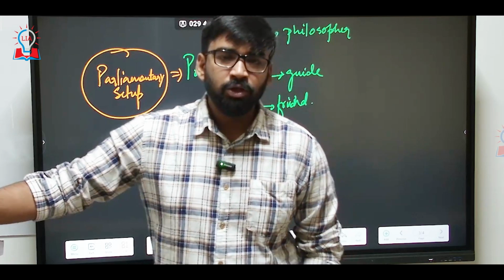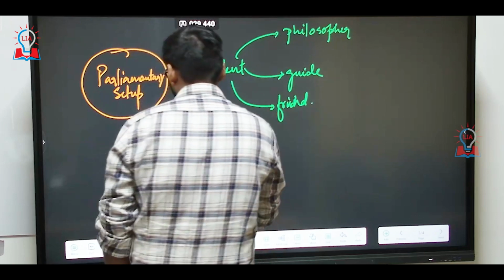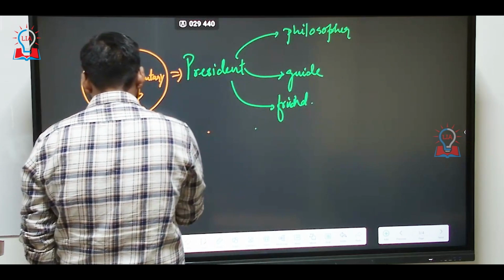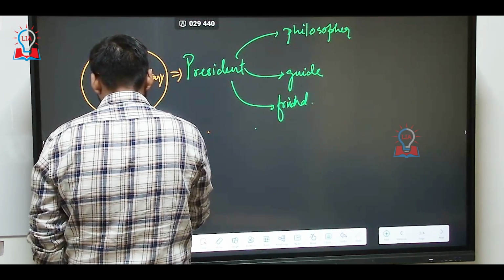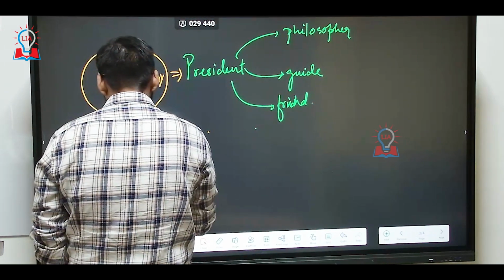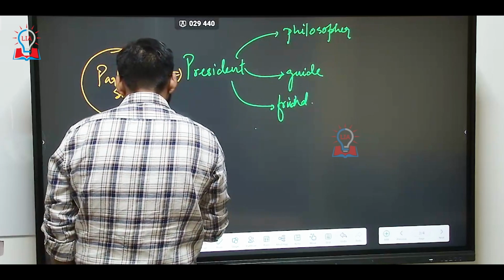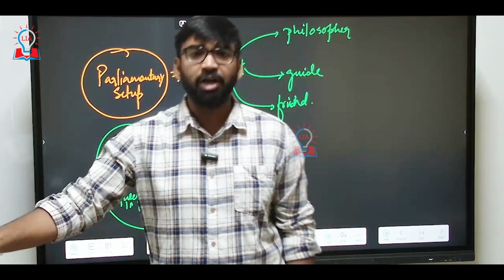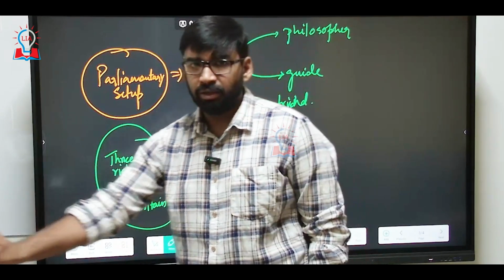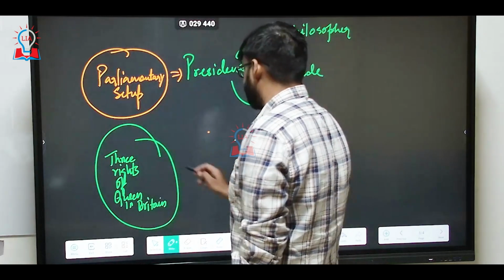Okay. So there are three rights of the queen in Britain also. The British queen is like the president of India, a nominal head. Getting my point? So the British queen has three rights.